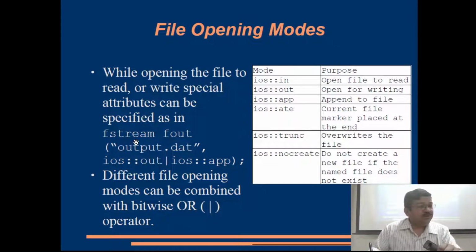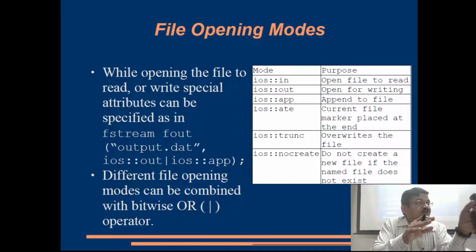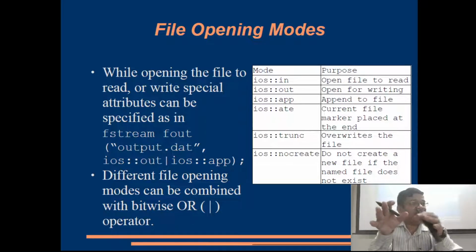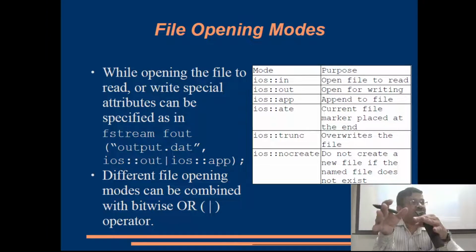So for example, fout is the fstream object. Fstream is the generic file object. There is a difference. In the previous slide, we were talking about two different objects, ifstream and ofstream. Ifstream was specifically input file stream, ofstream was specifically output file stream.